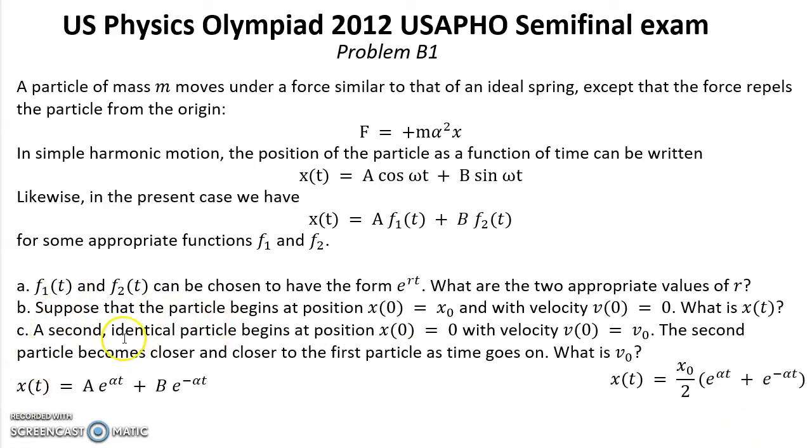Question C. Second particle at the position x0 equals 0 and the velocity in point 0 equal v0.